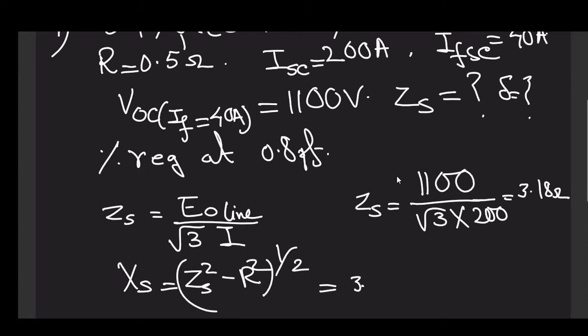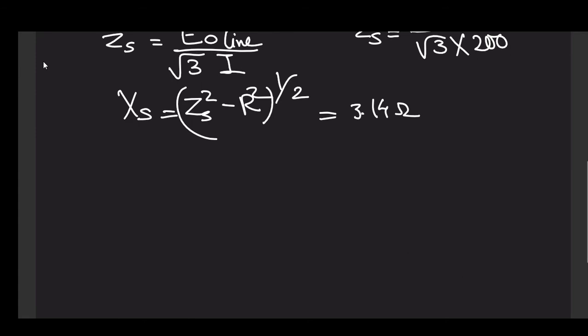That will give you 3.14 ohm. So what about terminal voltage per phase? Rated terminal voltage will be 2200 by root 3.